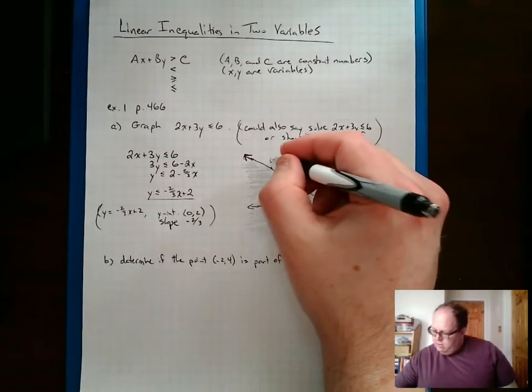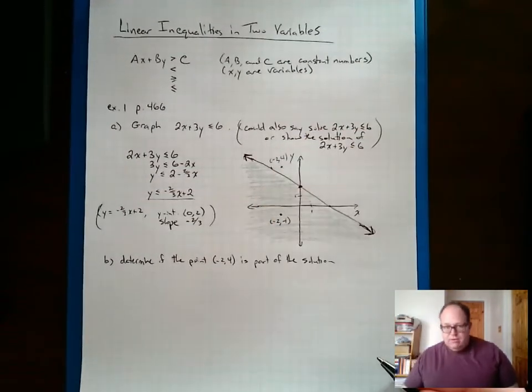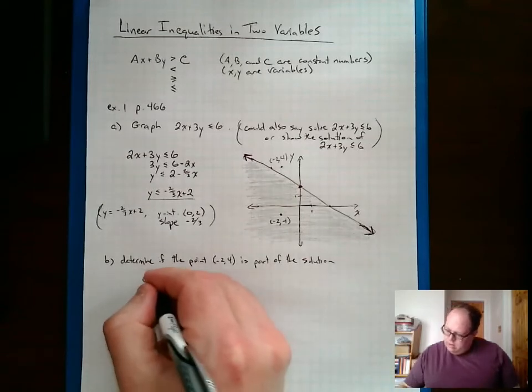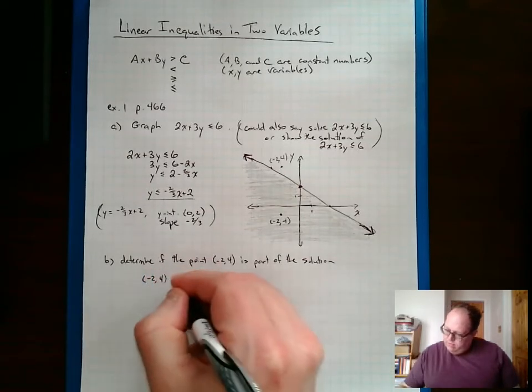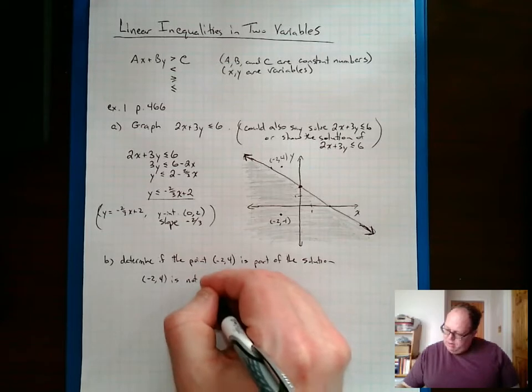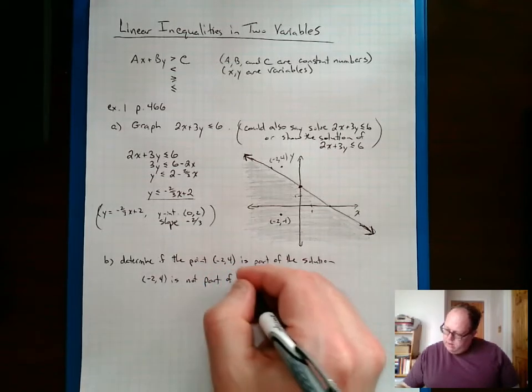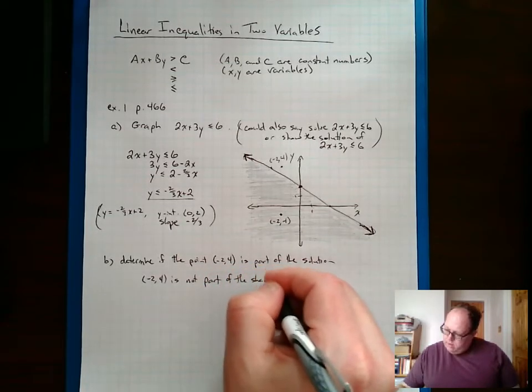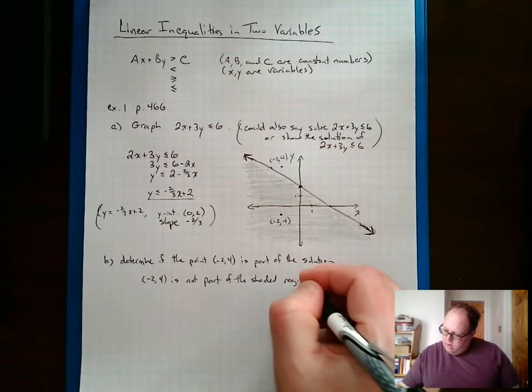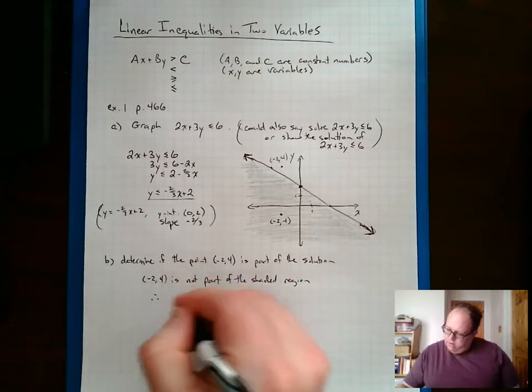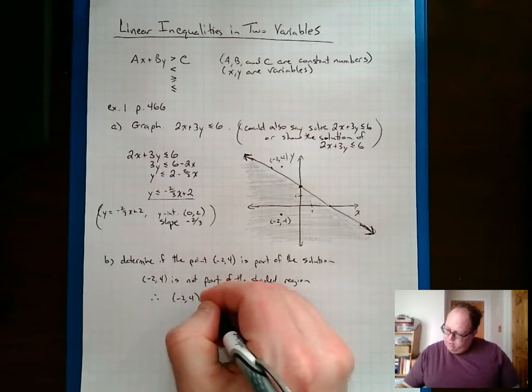And since -2 and 4 is in the unshaded region, it is not part of the shaded region. Therefore, -2, 4 is not part of the solution.